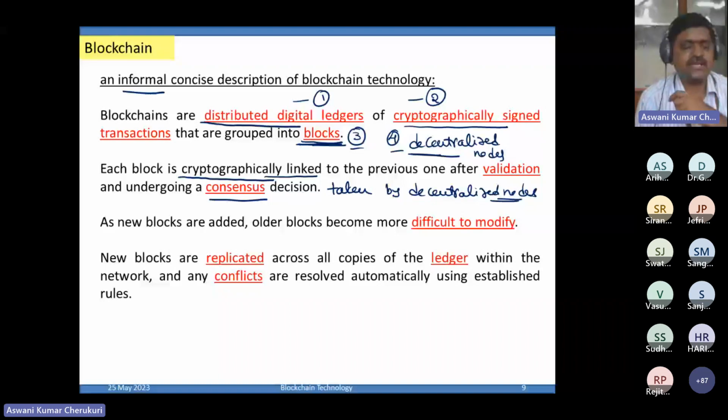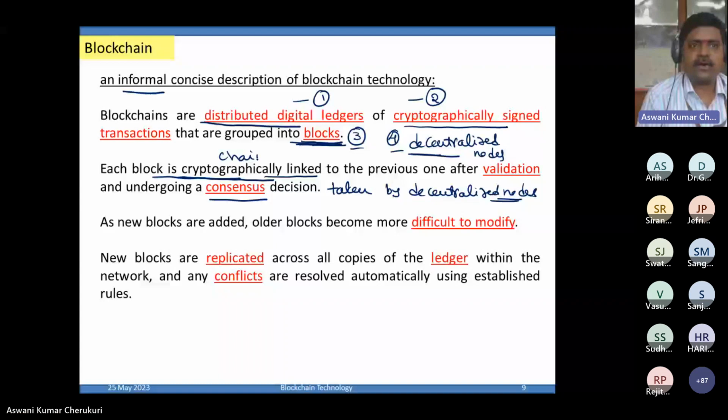Each transaction is cryptographically signed. Multiple transactions are grouped into blocks, and the blocks are cryptographically linked. So that forms the chain. And once these blocks are cryptographically linked, they are maintained by the decentralized nodes. So this is blockchain technology.